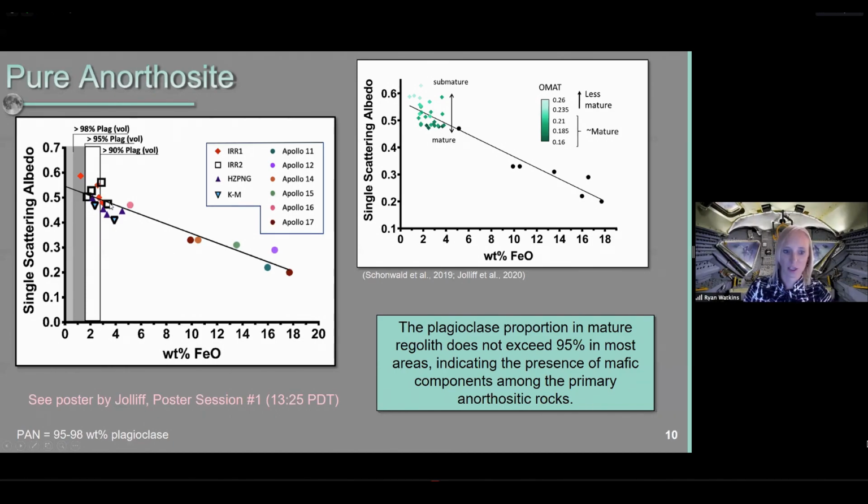Based on her correlations, she found that most of the pure anorthosite areas didn't exceed 95% weight plagioclase, likely indicating that there are other mafic components present among these anorthositic rocks. And again, check out Brad's really great poster and audio recording if you want more information.